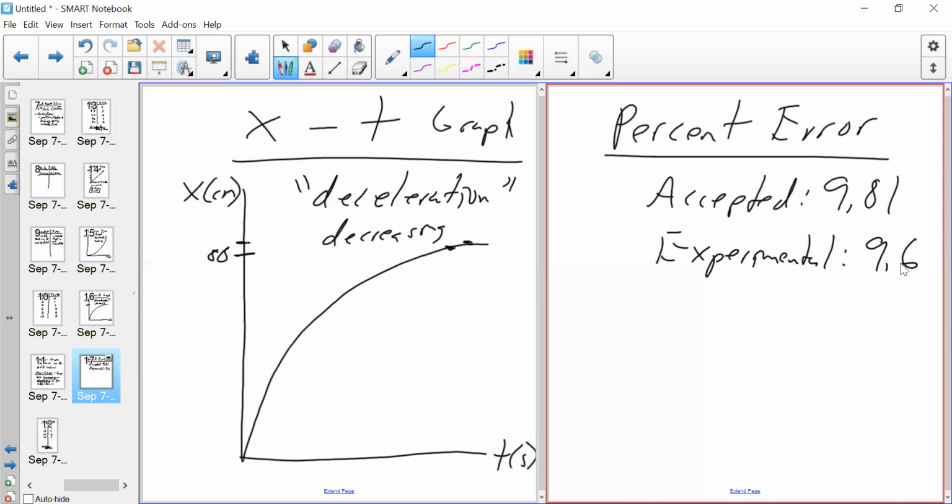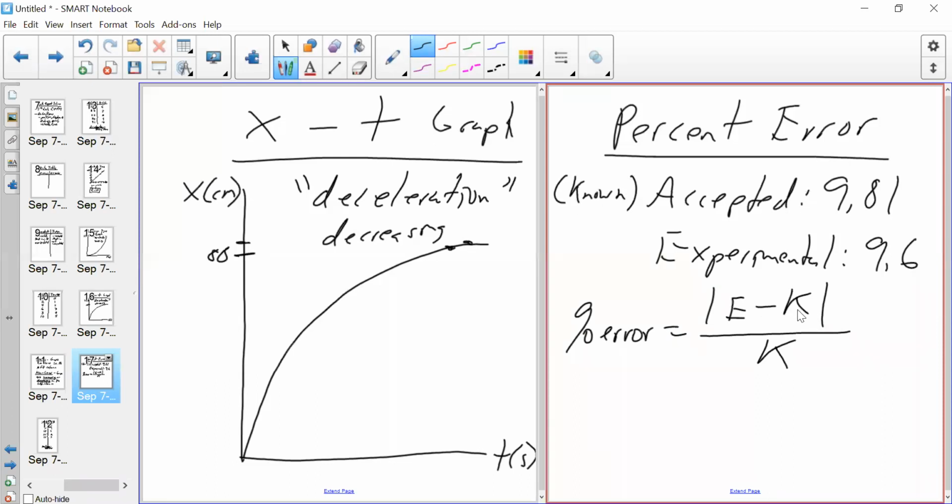Then we do a percent error, which is the absolute value of the difference between experimental minus known, divided by the known, I should say known or accepted. Accepted is the same thing as known, and you multiply this whole thing by 100.